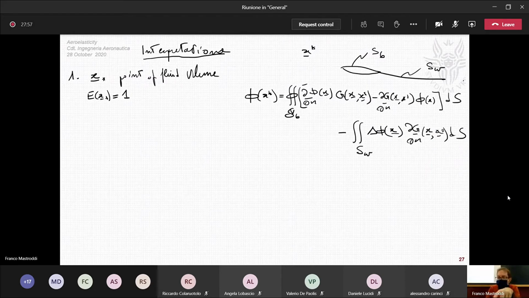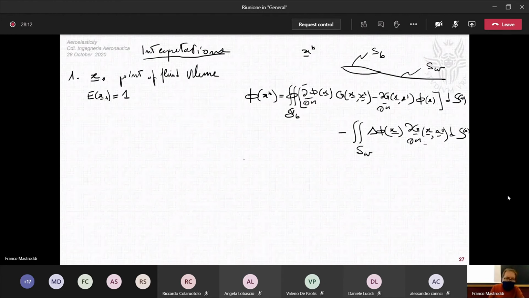When you are integrating here, this surface integral is intended as an integral in the x variable, not x star. So you have x here and x here.